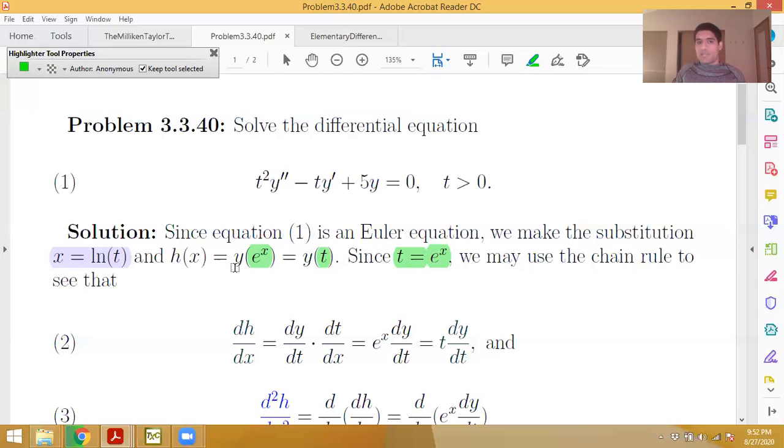Because, for example, we see here that I could view y as a function of x, namely y of e to the x, or I could just view it as a function of t, y of t. Same for h, I could just say h of x or h of ln t. So if I just write a prime now, it's not obvious if that prime represents a derivative with respect to x or a derivative with respect to t.